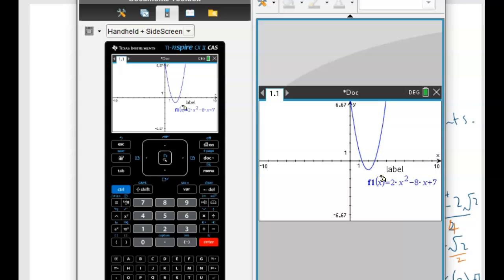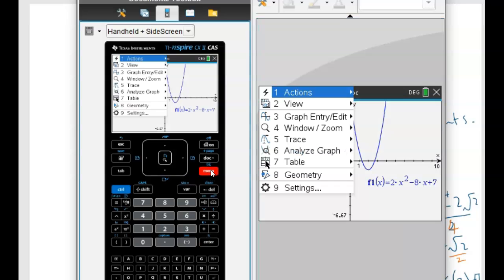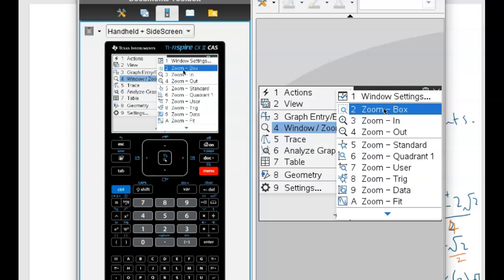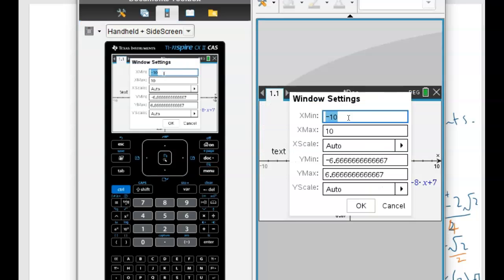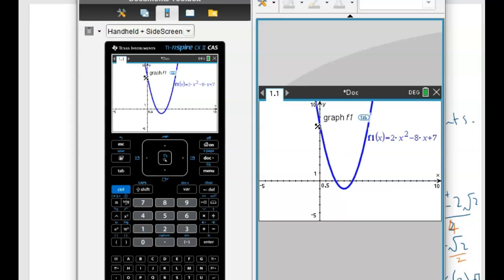There's your graph. So I might just change my window a little bit. I don't really need to go all the way to negative, so let's just do negative 5. Max I'll go up to 10 because our y-intercept was at 7.